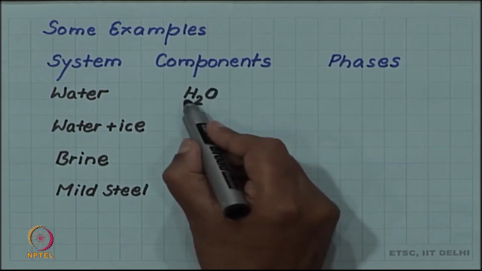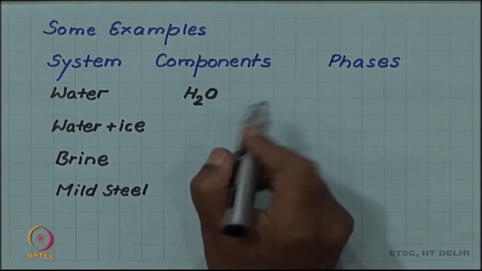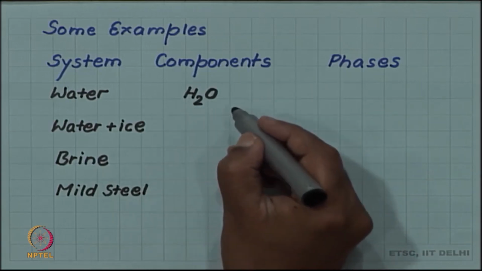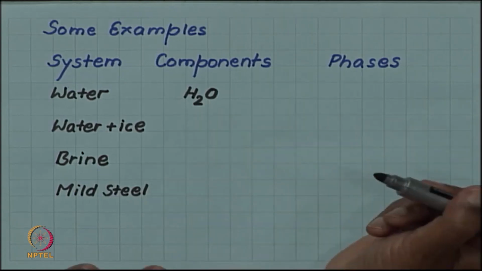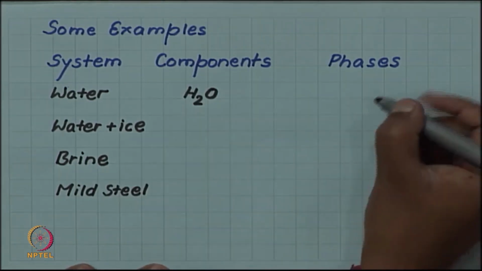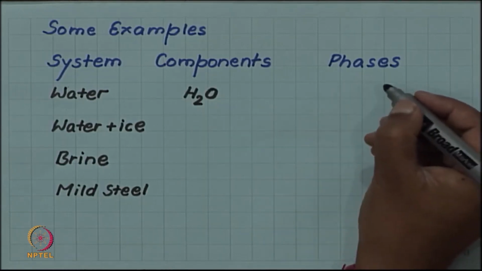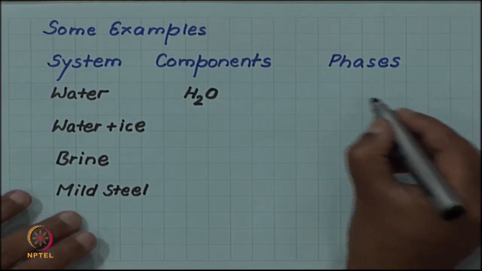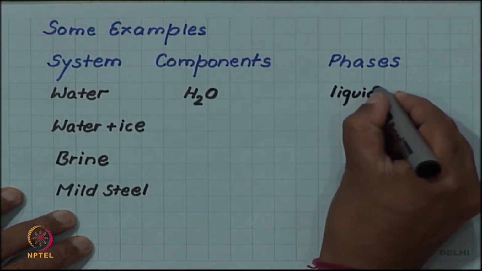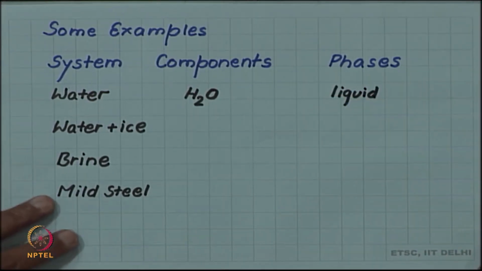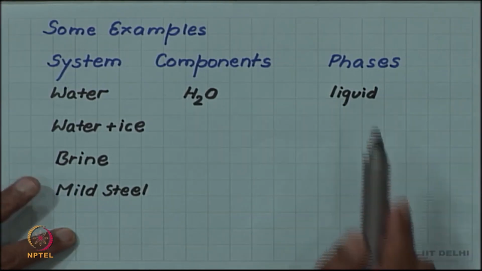So, in water you can't vary the ratio of hydrogen and oxygen. So, we will consider it as only one single component. So, the component itself is a compound or the molecule compound H2O. So, this becomes the component, and phase is just one phase, which is water. So, the liquid phase. So, you have liquid as your phase.